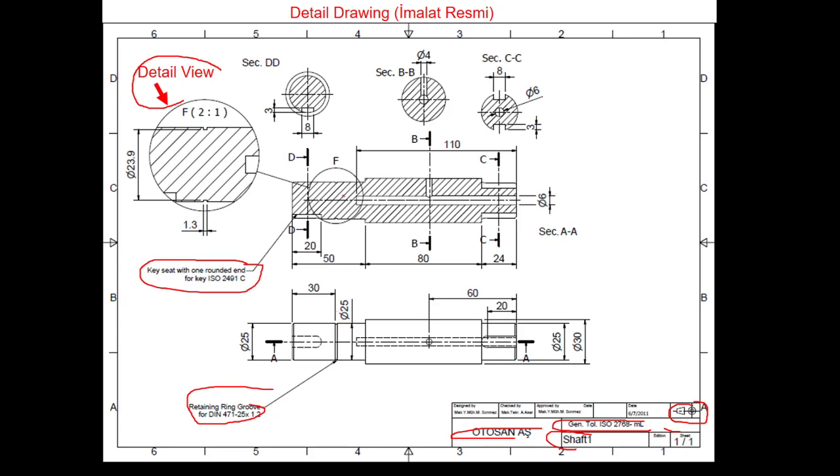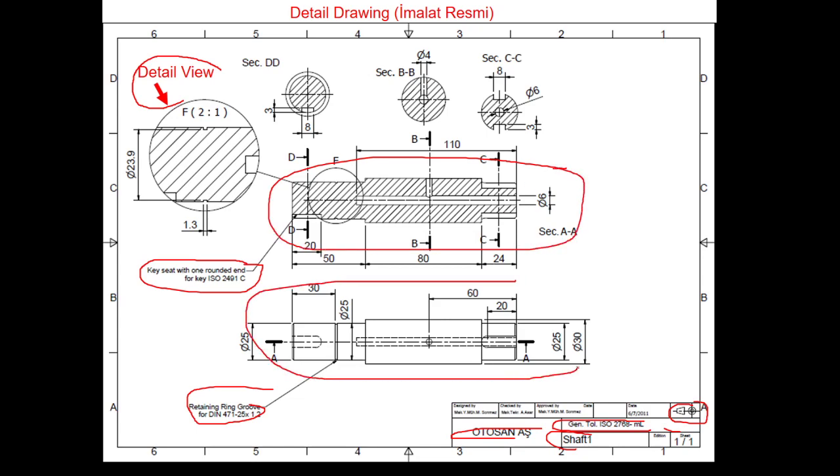And for the retaining ring groove, the selected scale factor for the main views, the principal views, is not good. It is not a suitable scale factor for such a tiny feature. Relative to the size of the rest of the object, the size of this feature is very little.